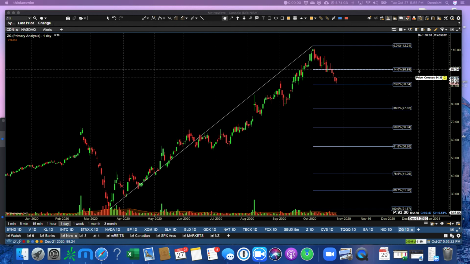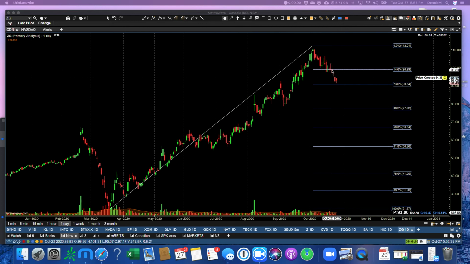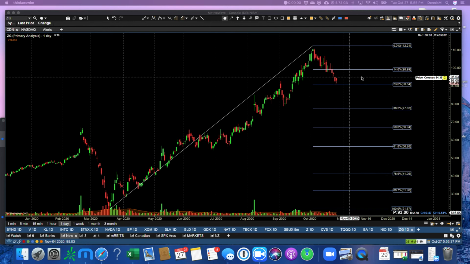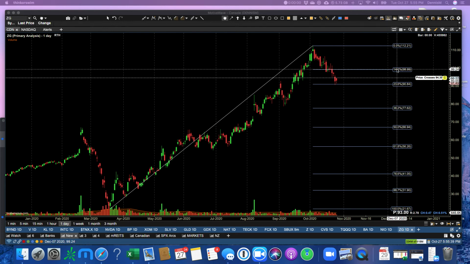That would be right here at that Fibonacci line, where there's going to be resistance, because it was support. On its way down, it was support 1, 2, 3, 4 times, and then it became resistance. So when Zillow comes back to that area, not only is it near a round number like 100, where people will put in sell orders, I want to sell when it's at $100.